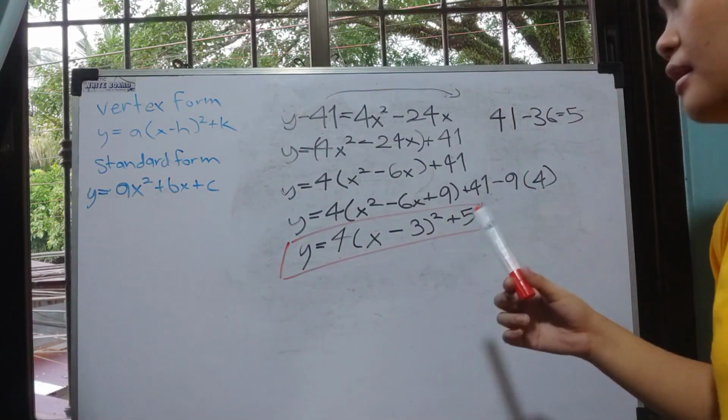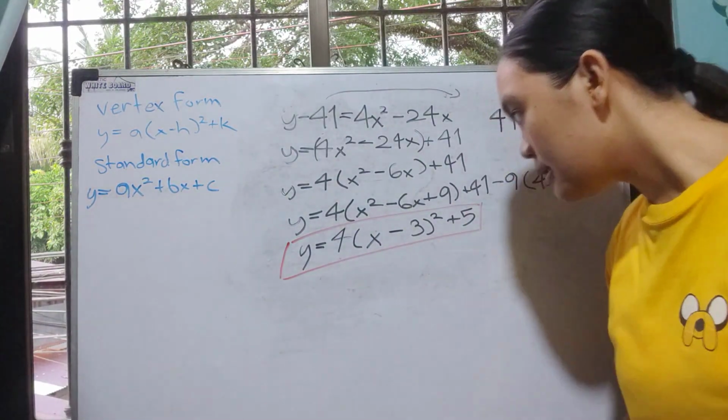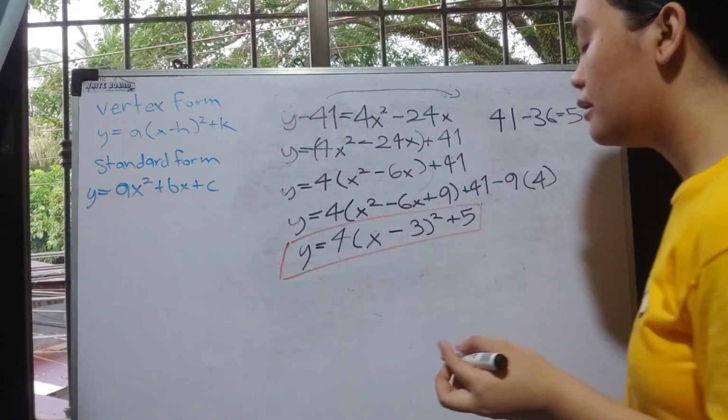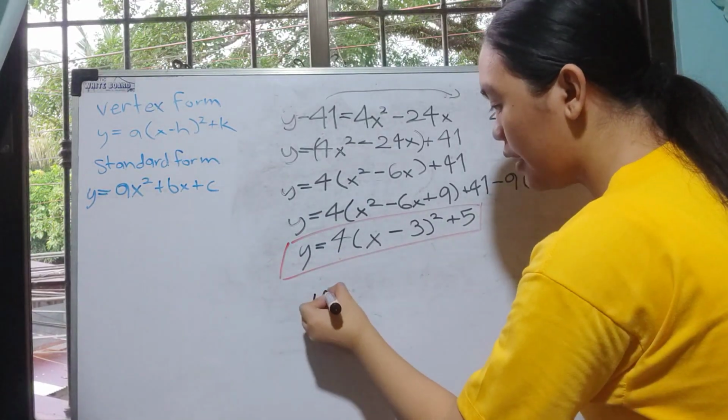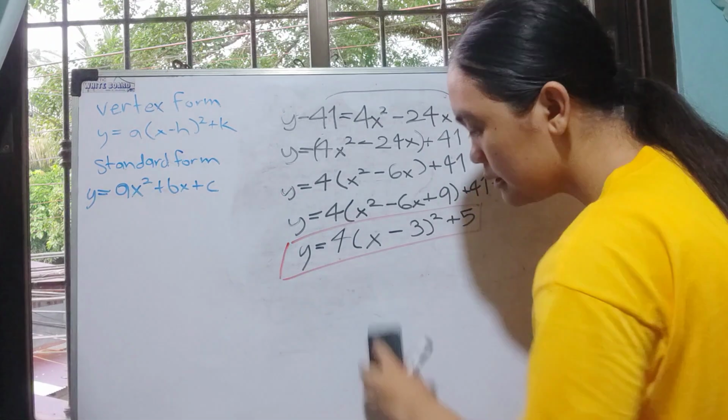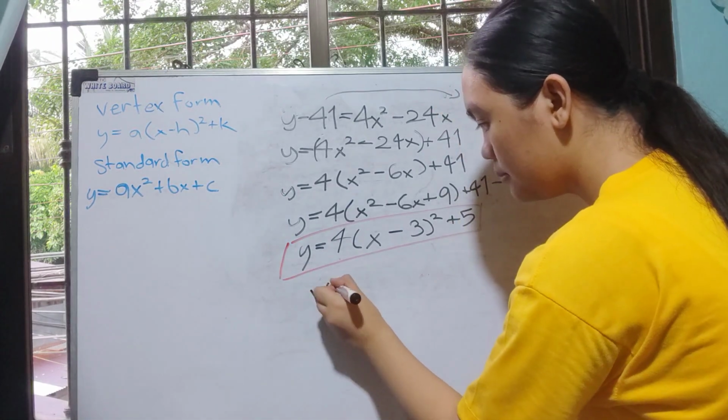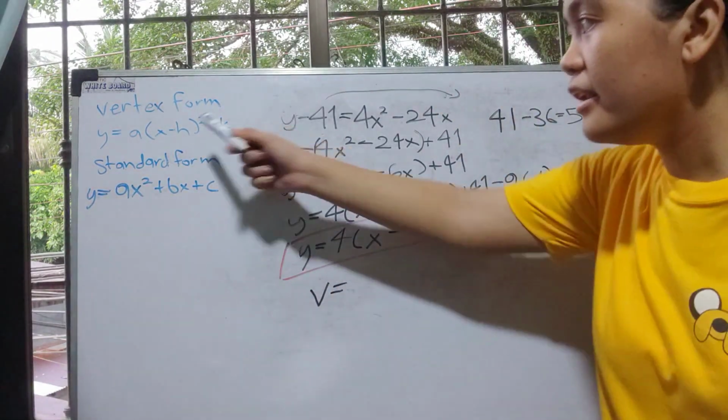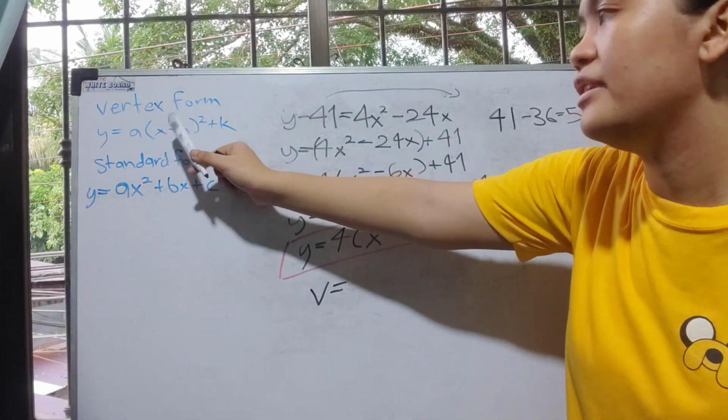But when you want to get the points, this is important. Remember that in vertex form, the h is negative.